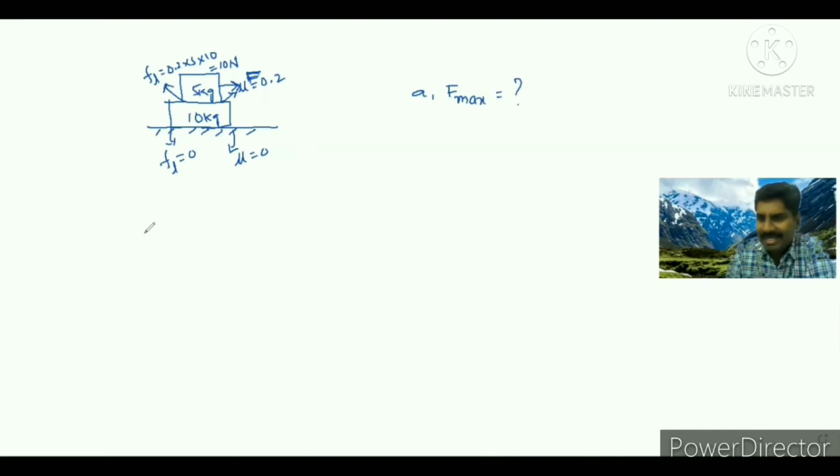First step over. Second step: search which block develops the frictional force. We are already applying a force on the 5 kg block, so the other block, the 10 kg block, develops the frictional force.